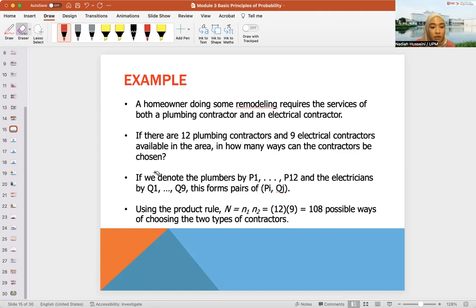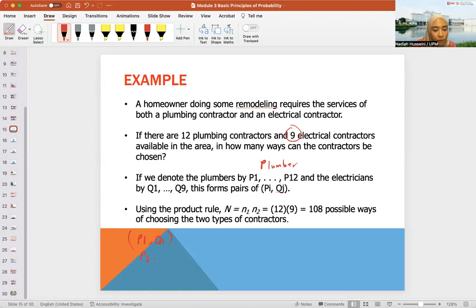If we denote the plumbers by P1 up to P12, and the electricians by Q1 up to Q9, because you have 9 electrical contractors, this forms pairs of Pi, Qj. For example, if you select P1 and Q1, you have 1 pair.